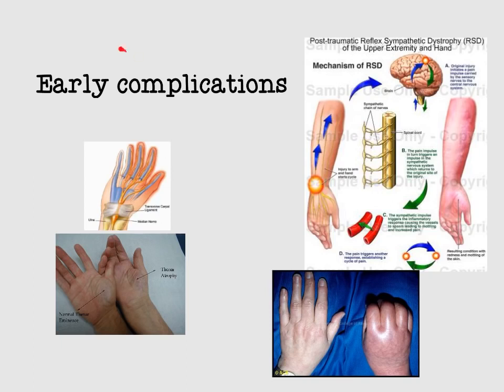The most important early complications are neurovascular complications, injuring blood vessels or nerves. The median nerve is the most commonly injured, causing numbness, paresthesia, and pain in the lateral three fingers of the hand, just like what happens in carpal tunnel syndrome as a result of median nerve compression.